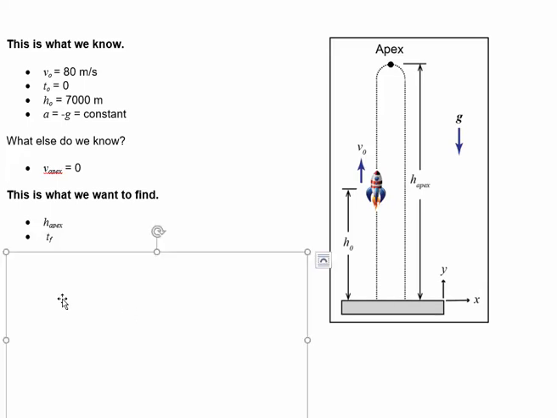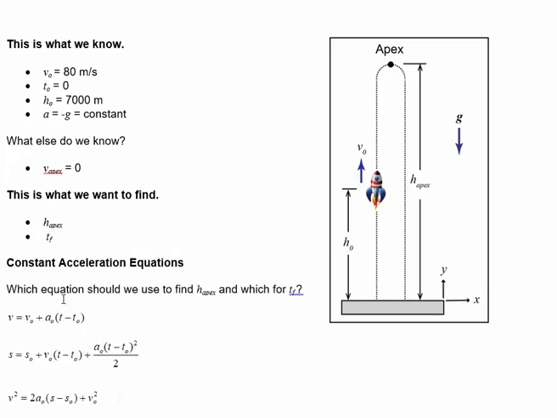The equations that we can use are the constant acceleration equations, right? Because we know there's no air resistance. So these are the 3 equations that we can choose from. Now, which is going to be the easiest? Let's say that we want to find the height at the apex. Well, we want to find height, so the equation should have height in it. This first equation won't do. It doesn't have height.